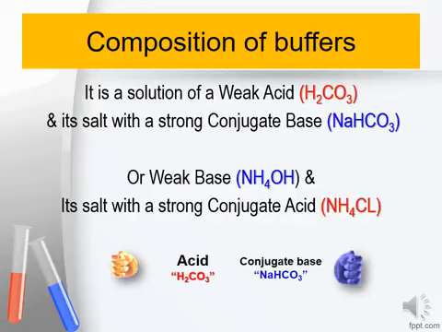The hydrogen liberated will be accepted by the basic part to make resistance. For this reason, a buffer is composed of both substances, acid and base: either a weak acid and its strong conjugate base, or a weak base with its strong conjugate acid.